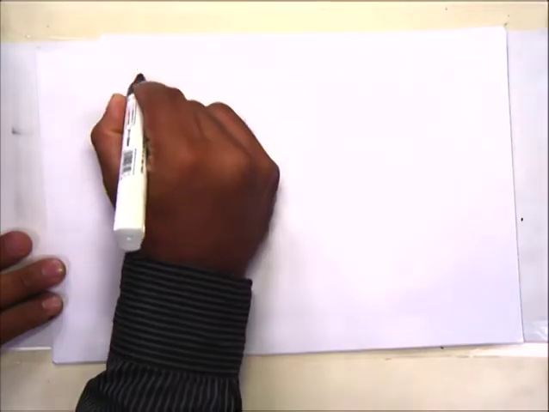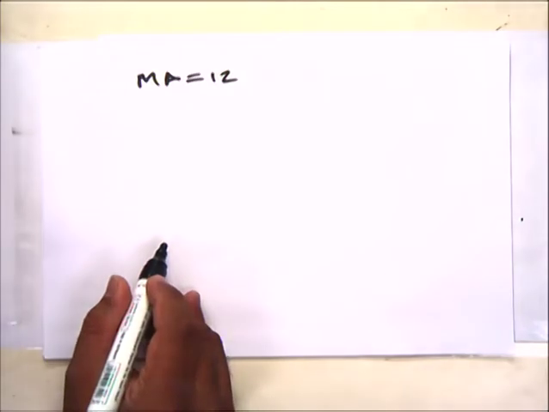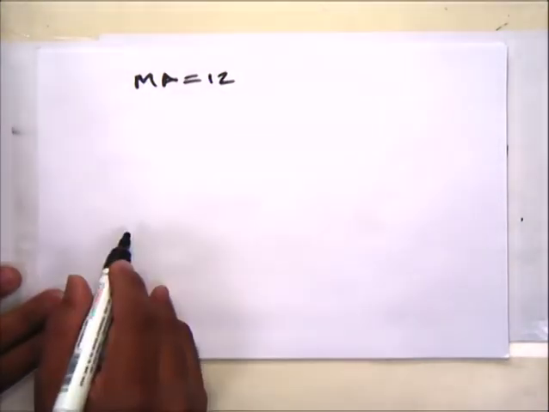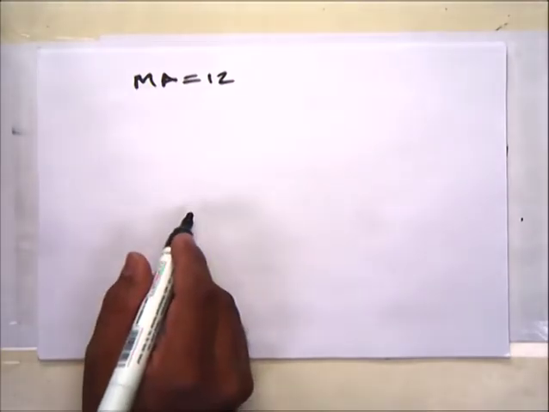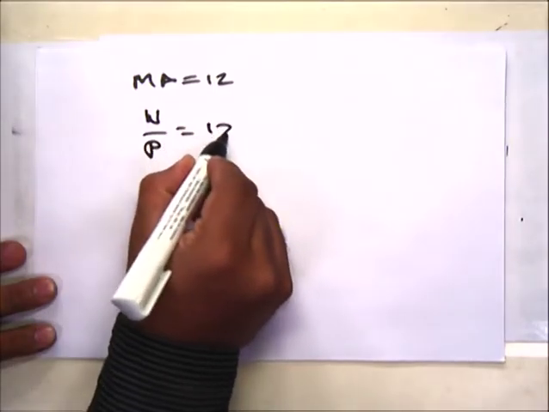Now mechanical advantage is 12, and from that we have to obtain the load. Effort is given as 200 Newton, and an unknown weight is required, so W upon P is equal to 12.